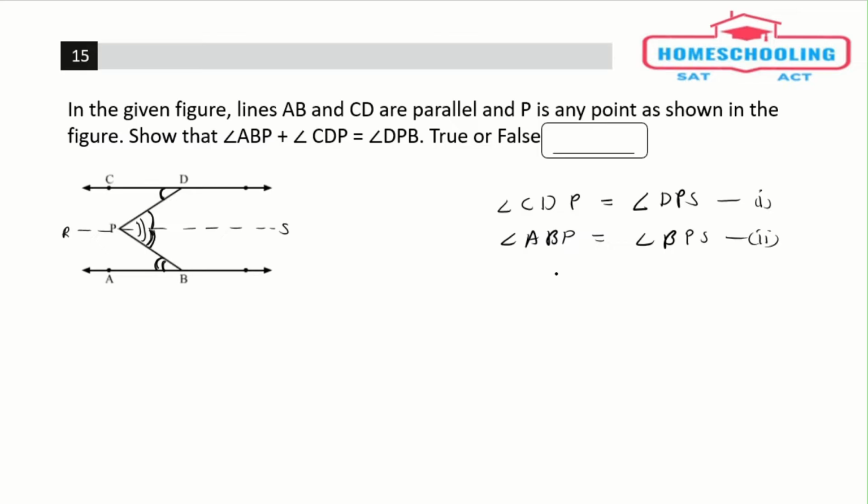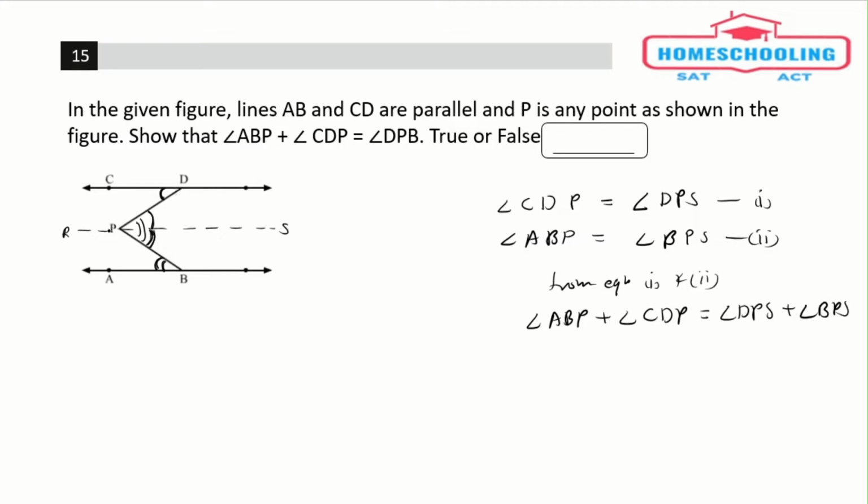So from equations 1 and 2 we can write that angle ABP plus angle CDP is equal to angle DPS plus angle BPS.